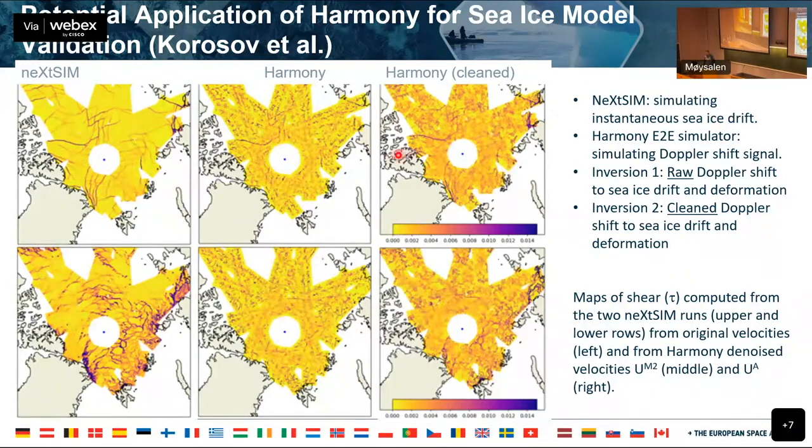But after cleaning up, we can recognize some of the main features that are also present on the initial run. And unfortunately, the statistical difference between these two fields is not very large. So the Harmony signal can be used, for example, for assimilation, but maybe not for tuning of the model parameters.